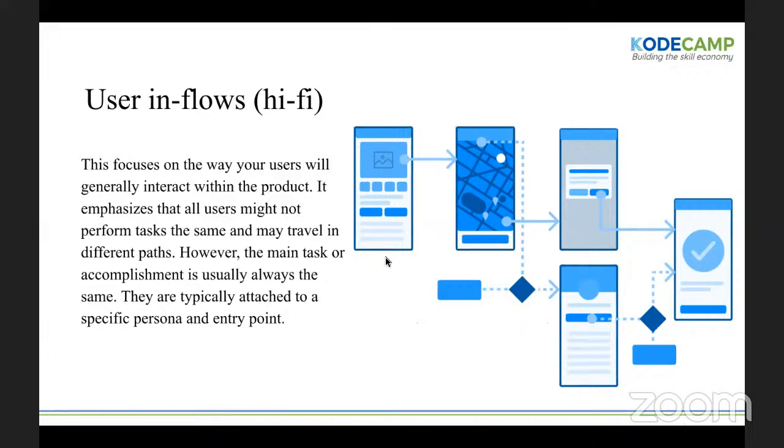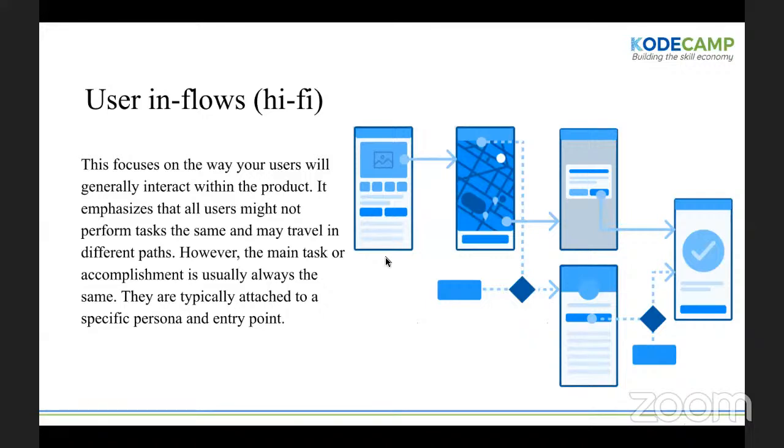Okay, so we're talking about when we have multiple pathways on a website, right? And basically it's always been attached to a specific persona or an entry point. I don't know if we had talked about user personas, right? So I could have user A, we want our users to do XYZ on the app.